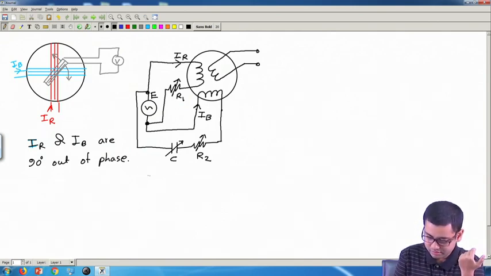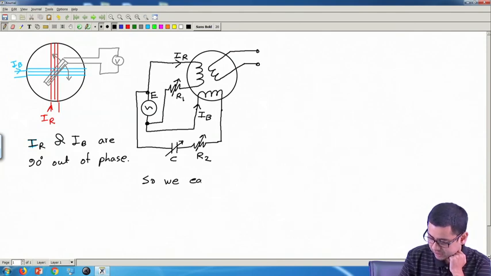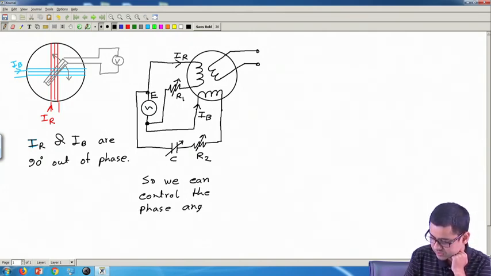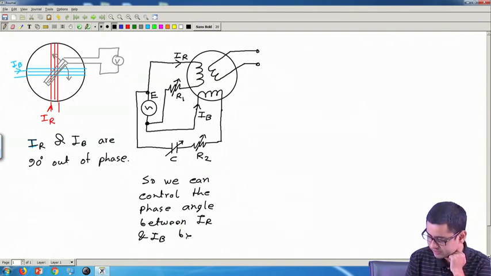So we can control the phase angle between the two currents IR and IB by changing this capacitance C.